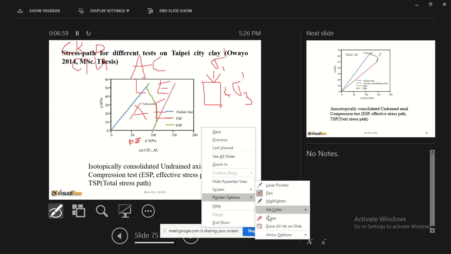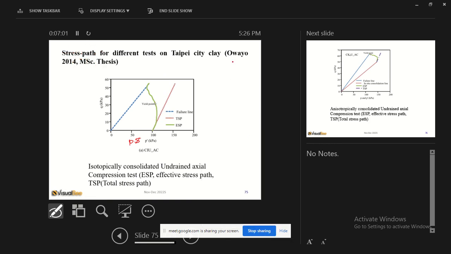I've said we can have axial compression, axial extension, or lateral extension. Now, each of these tests can be either an isotropic consolidation, or what is called K naught consolidation.